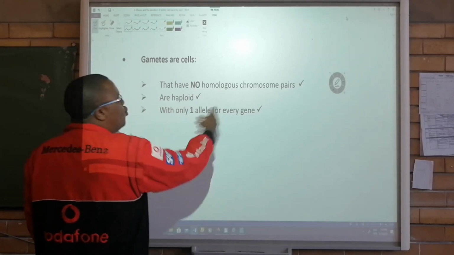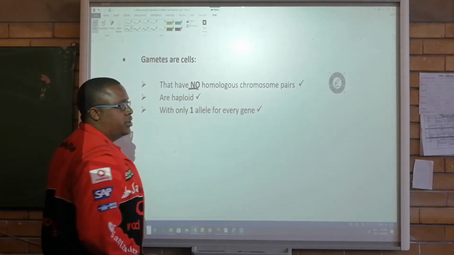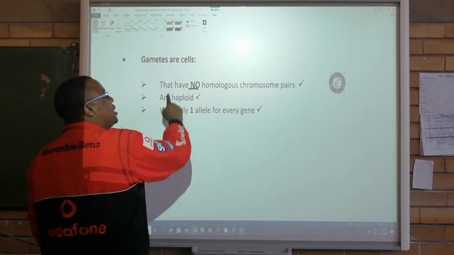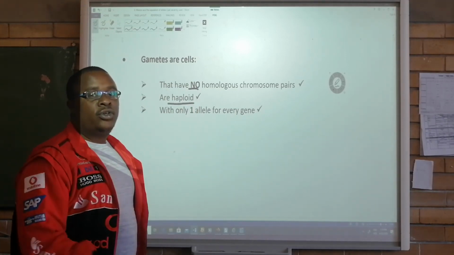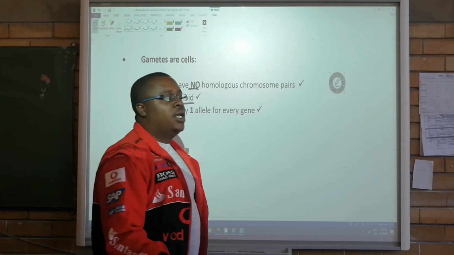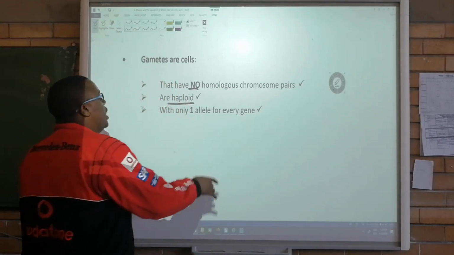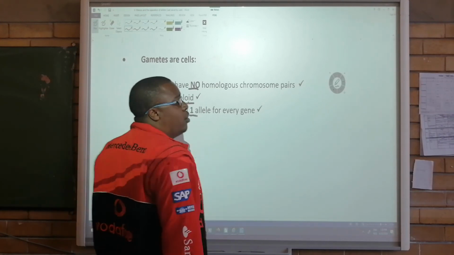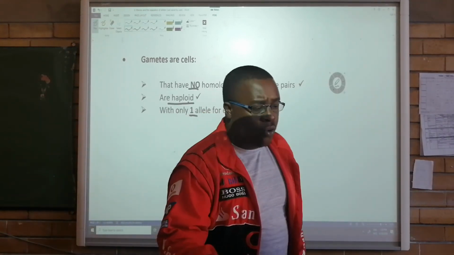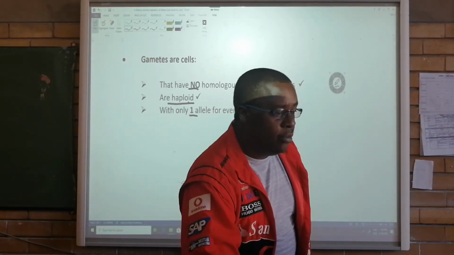For gametes, there are no homologous chromosome pairs. And gametes are also what? Haploid. Because remember, they are cells that have undergone what? Meiosis. And then because they are haploid, they only carry one allele for every gene pair.